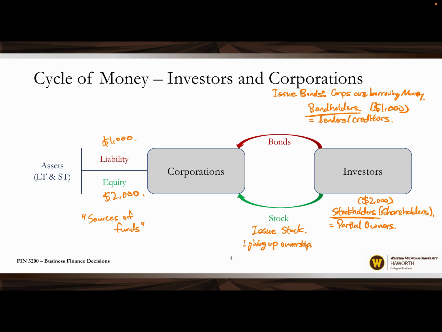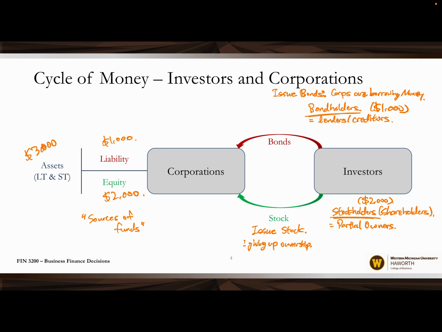Assets will be worth a total of $3,000 in book value. This could include machines needed for tumbler production, factories maybe, or trucks if they're making deliveries. Whatever the assets needed for the company's operations.